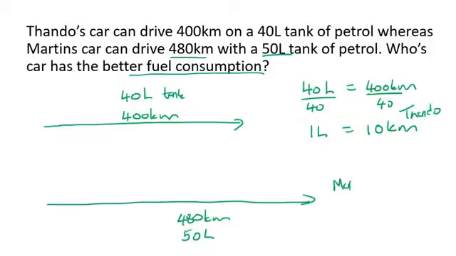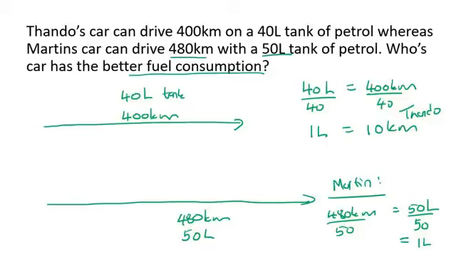Now for Martin, if we have 480 kilometers, that he gets at 50 liters. So if we get the liters to 1 liter, we can divide by 50 and divide by 50. Then with 1 liter of petrol, Martin's car can drive 9.6 kilometers.